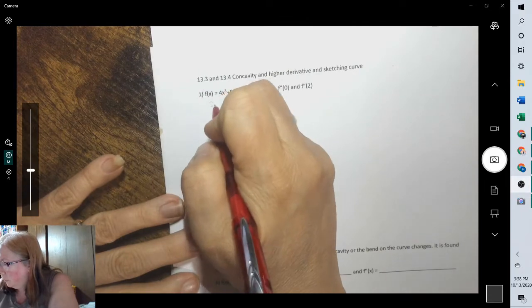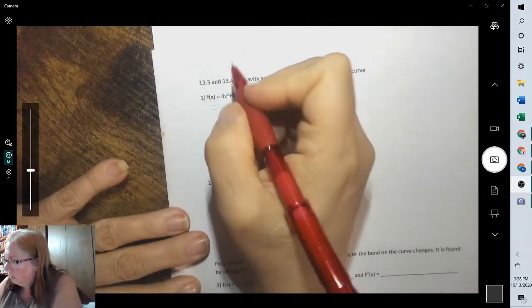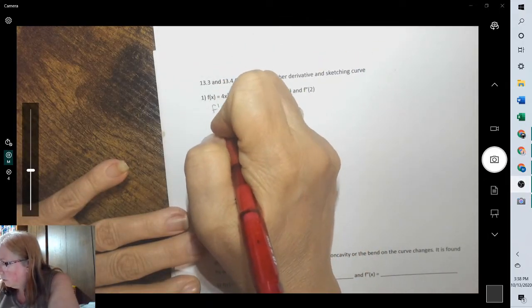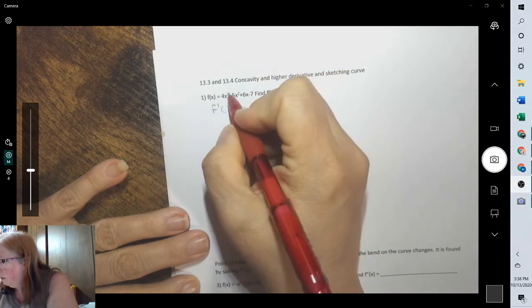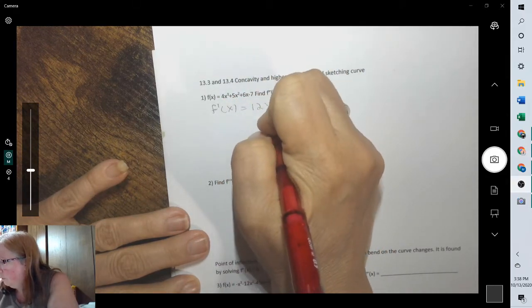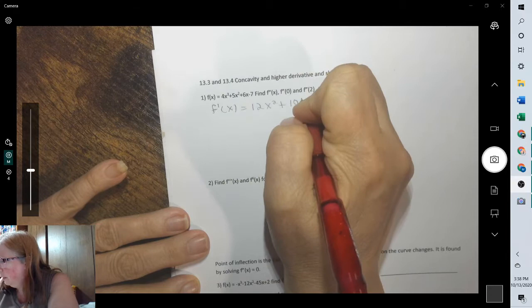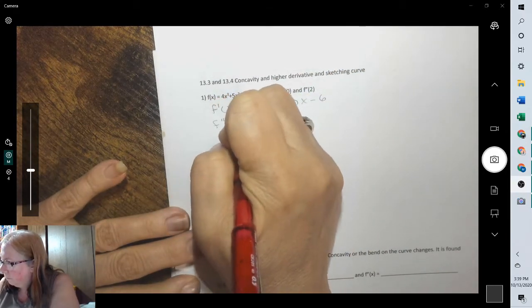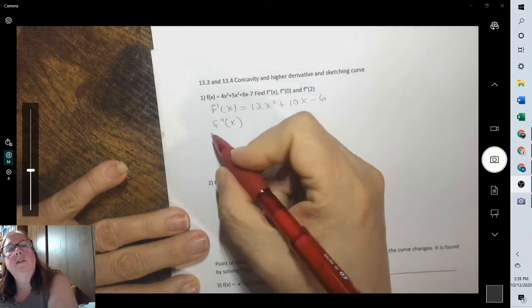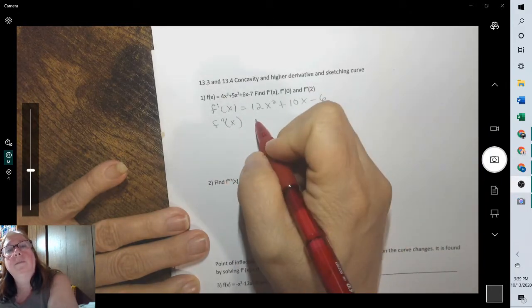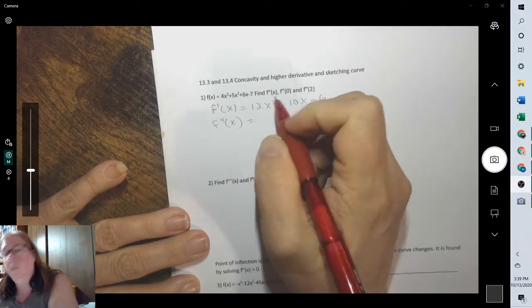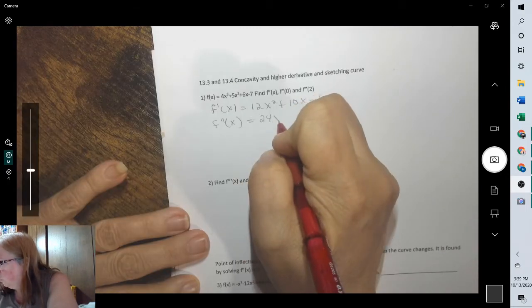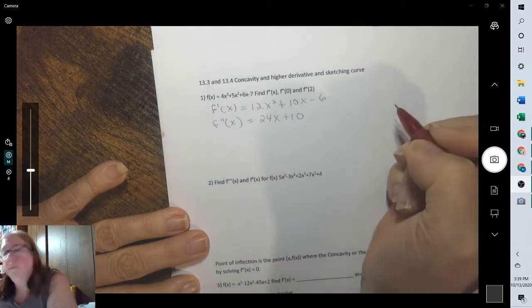So you take the first derivative, 4 times 3, so 12x squared plus 10x minus 6. It asks for the second derivative, so it'll have 2 tick marks. 2 times 12, 24x plus 10.